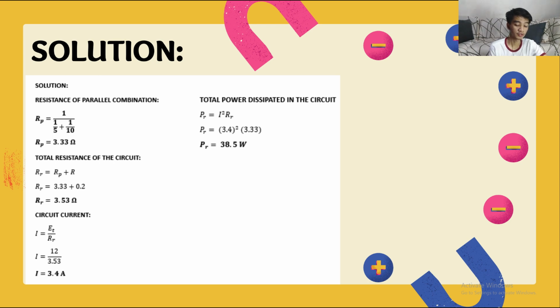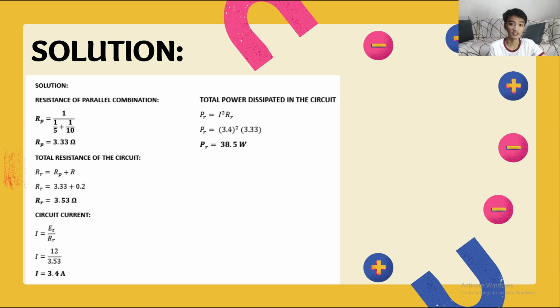To find the power drawn from the two resistors, we must first find the current. The formula for finding the circuit current is I equals the energy, or the volts, over the resistance. Substituting the 12 volts from the given and the 3.53 ohms resistance, we now get the value of 3.4 amperes as the current.